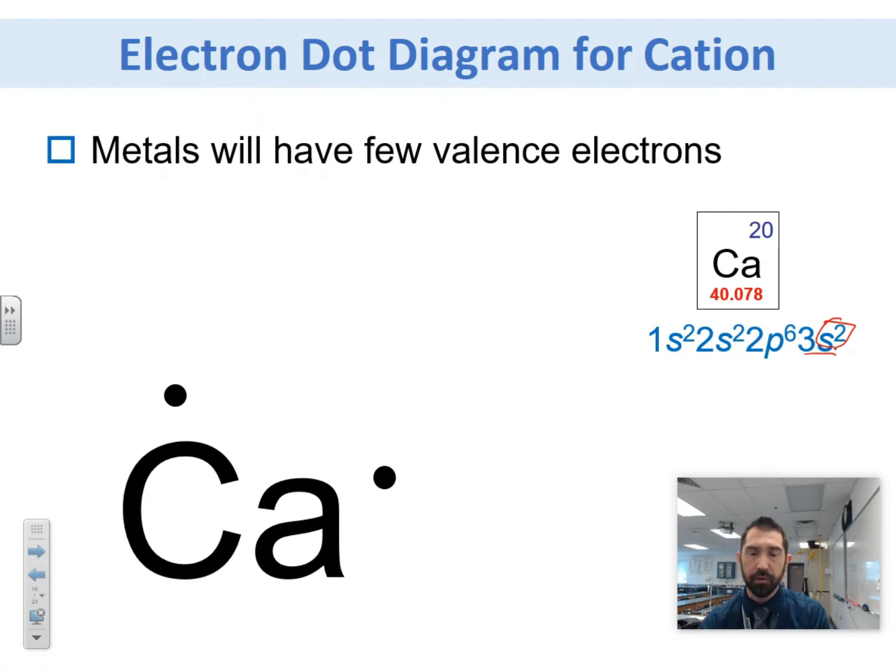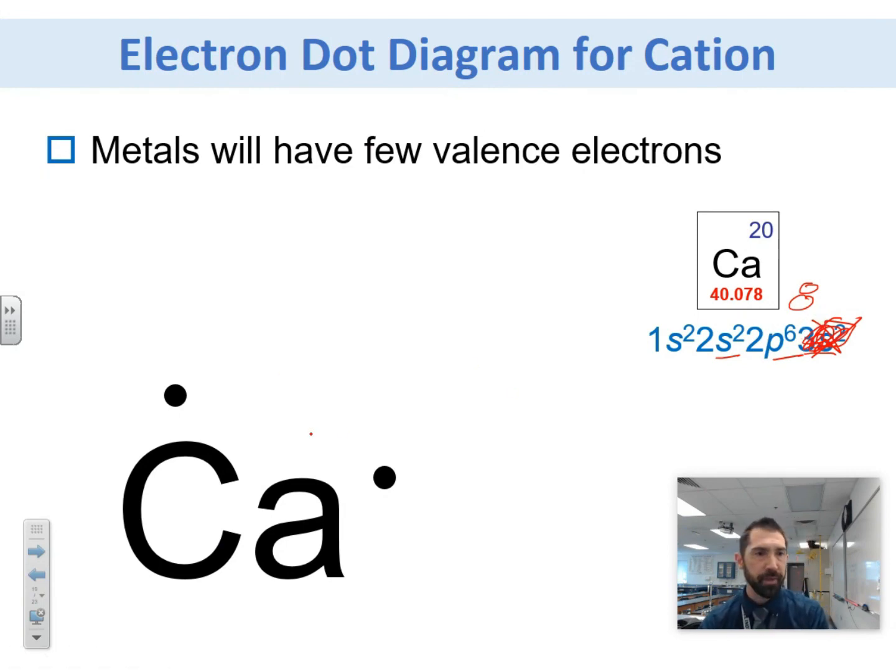And think about it, if we lose 2 valence electrons, that third energy level is no longer occupied. 2s2 2p6 is now going to be the outermost energy level. 2 plus 6 is 8. And also, just look at the configuration, 2s2 2p6, that's neon. And so by losing those 2 electrons, calcium can have the same configuration as neon.